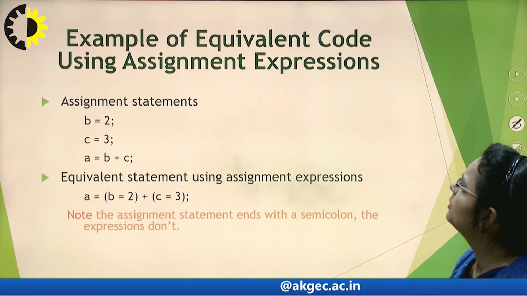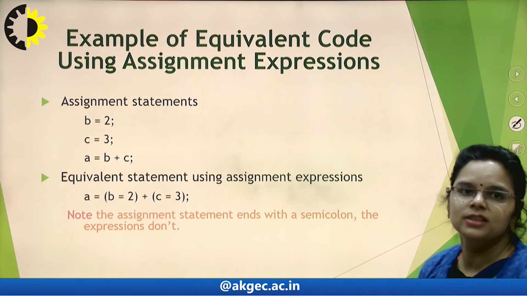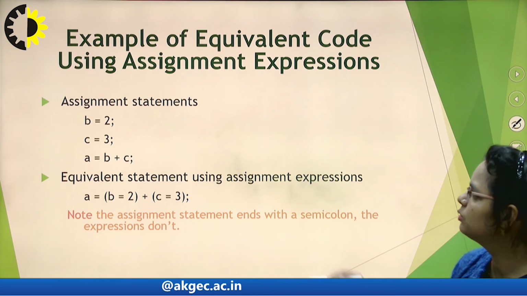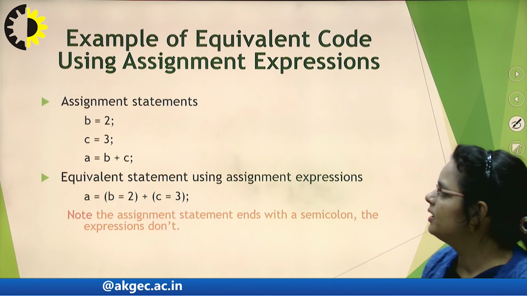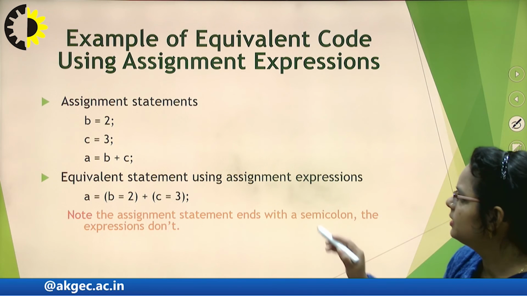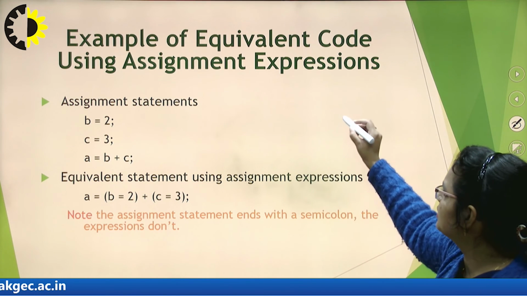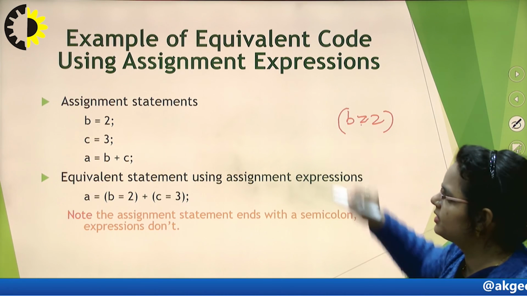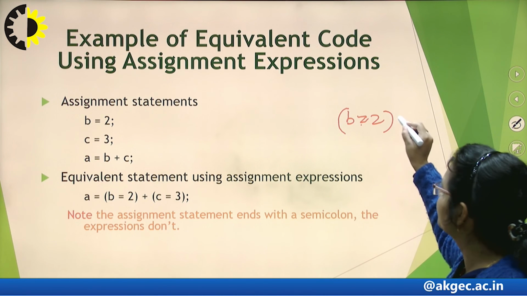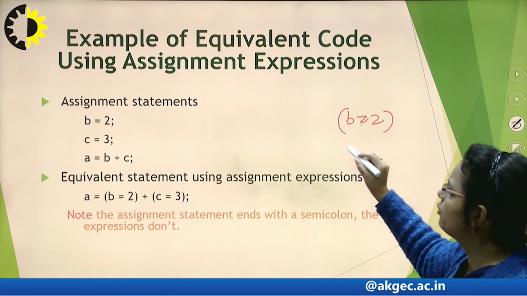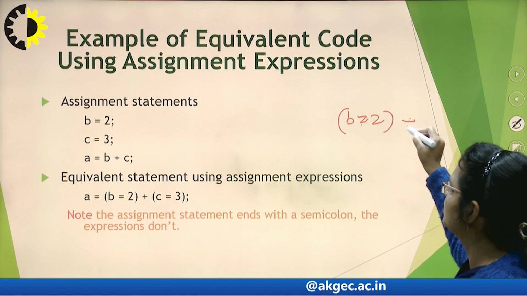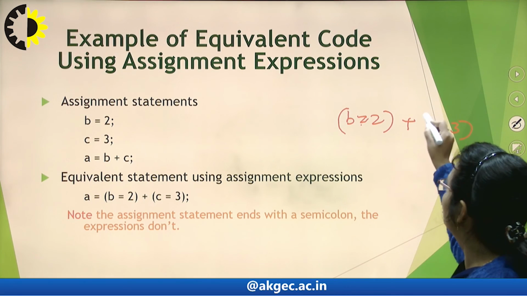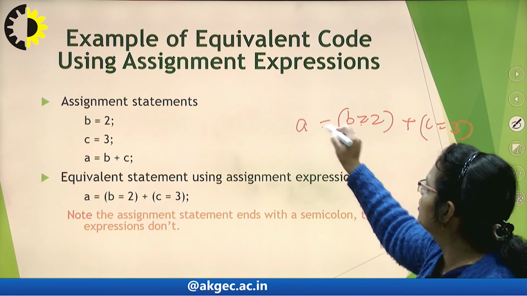There are various examples of equivalent code using assignment expressions. We have b equals 2, c equals 3, and a equals b plus c. Here b equals 2 is an individual assignment statement, plus a equals b plus c. So first b equals 2 plus c equals 3, and this entire value is assigned to a.